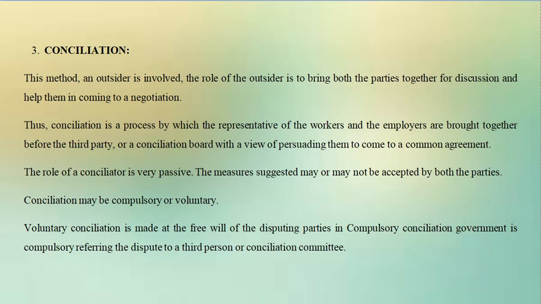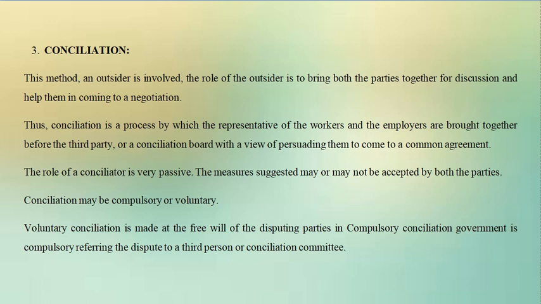Then we've got conciliation, that is the third method. In both the previous methods, we had seen there are only two parties involved, the workers and the management. But in conciliation, an outsider is involved, or a third party is invited so that their differences could be sorted. Thus, conciliation is a process by which the representatives of both these parties come together in front of another person.